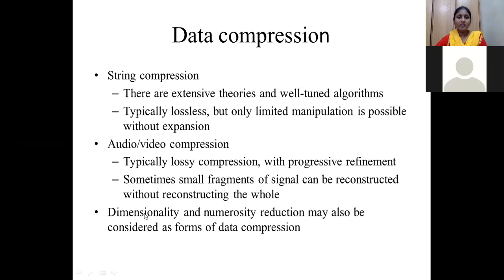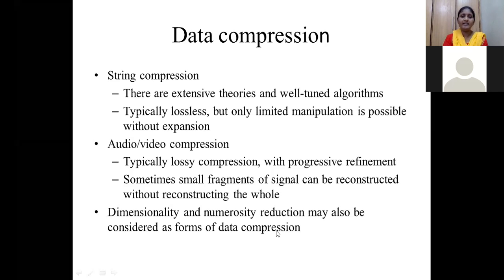Again, what he is saying: dimensionality and numerosity reduction may also be considered as forms of data compression. Whatever techniques we have studied, dimensionality reduction and numerosity reduction, also come under the category of data compression. Why?